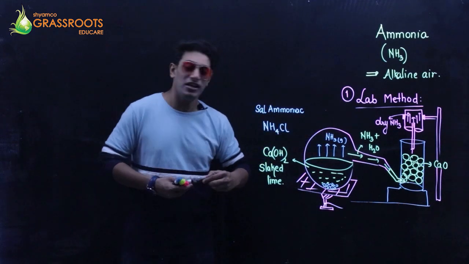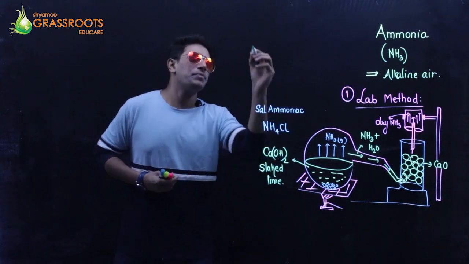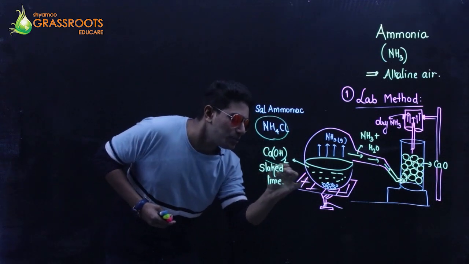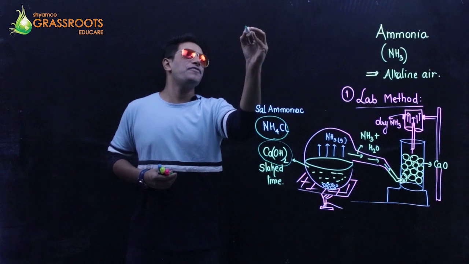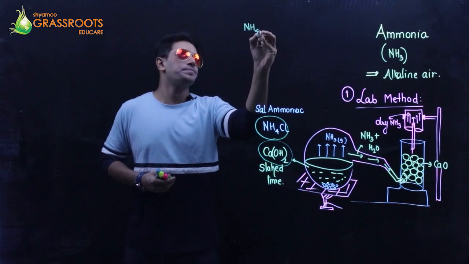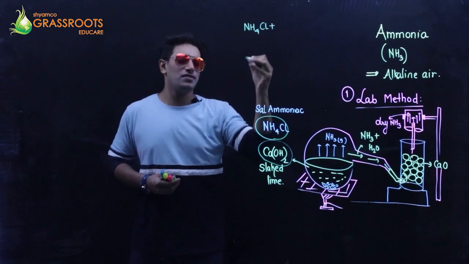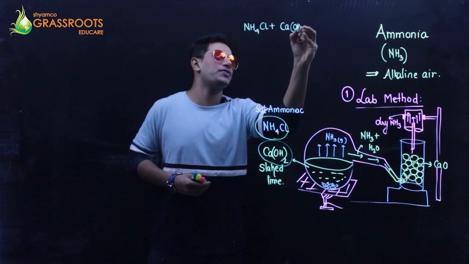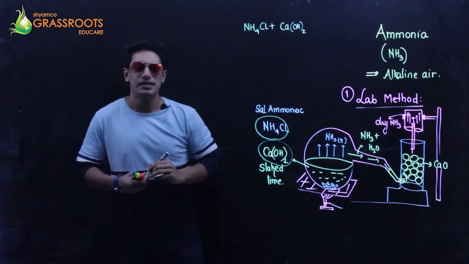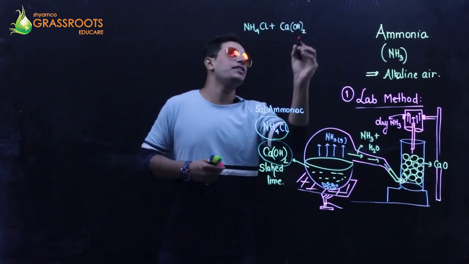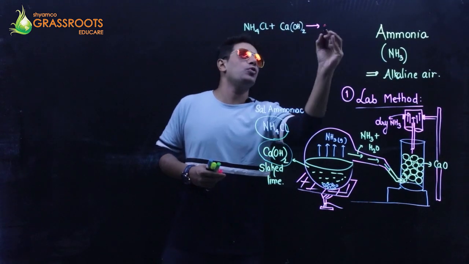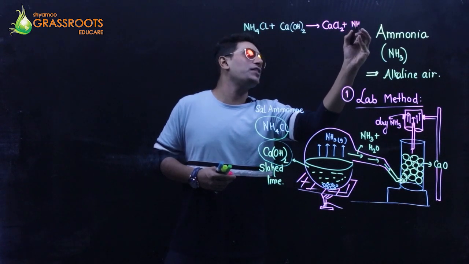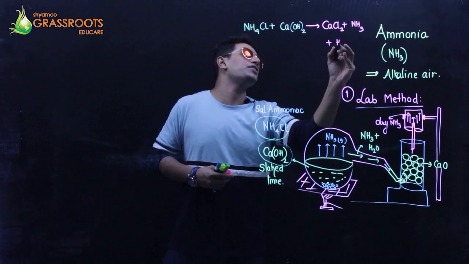Fine. Can I say we have reacted these two reactants with this? So we have NH4Cl, that's sal ammoniac, reacts with calcium hydroxide, Ca(OH)2. What happens is we get calcium chloride, CaCl2, plus NH3 plus moisture.